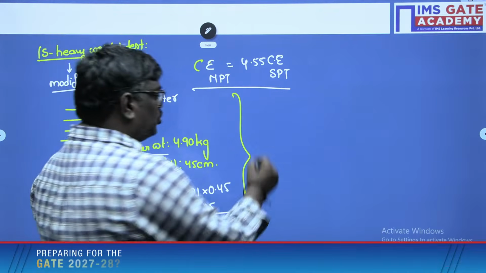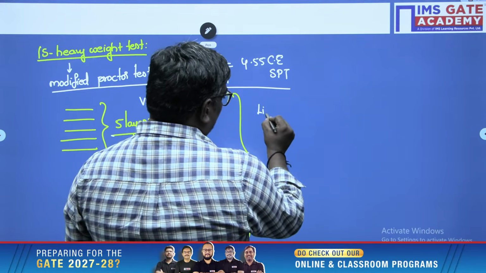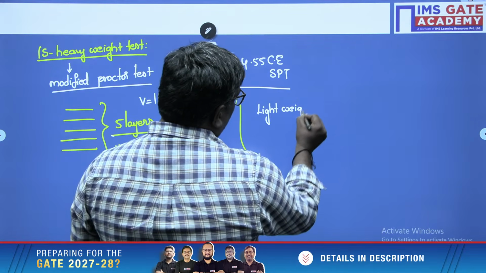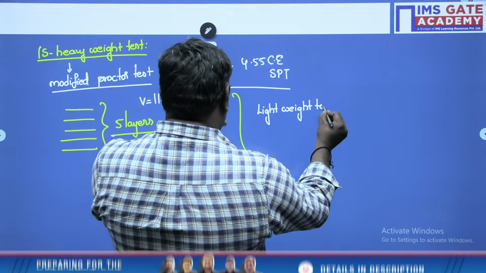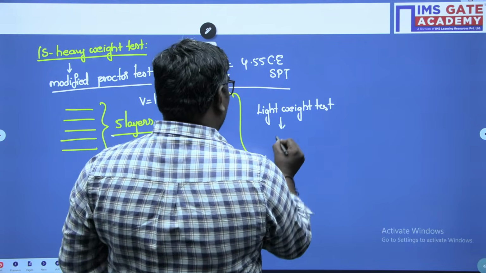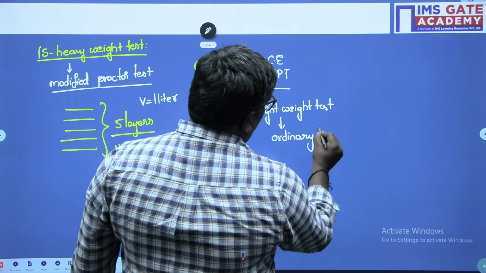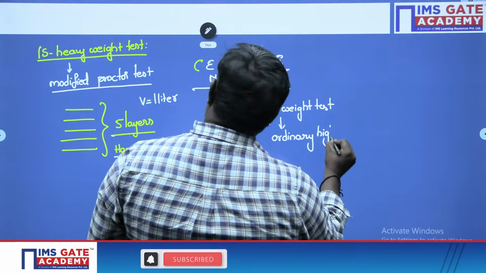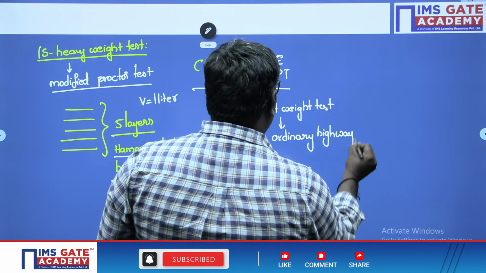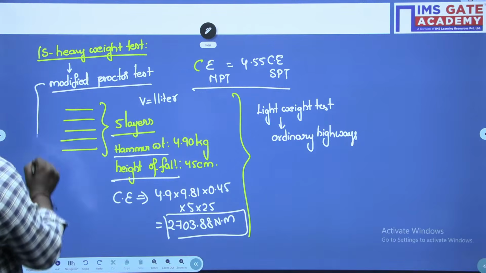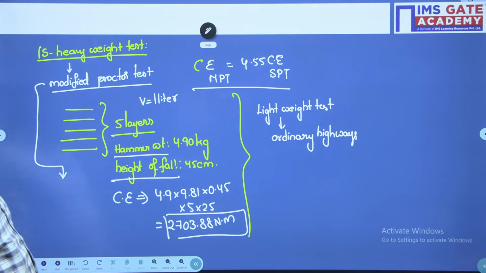Now if you see, the light compaction test or Proctor test is used for ordinary highways. But when I talk about the Indian standard heavy compaction test, where is it applicable?